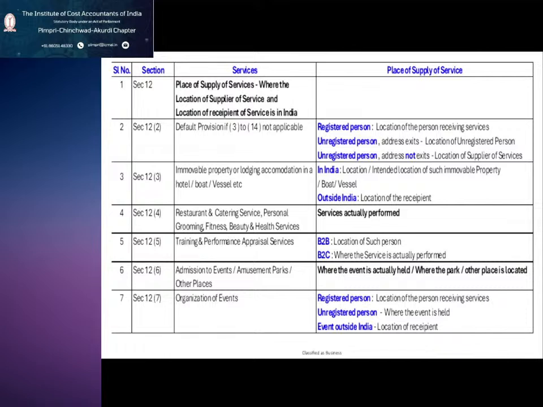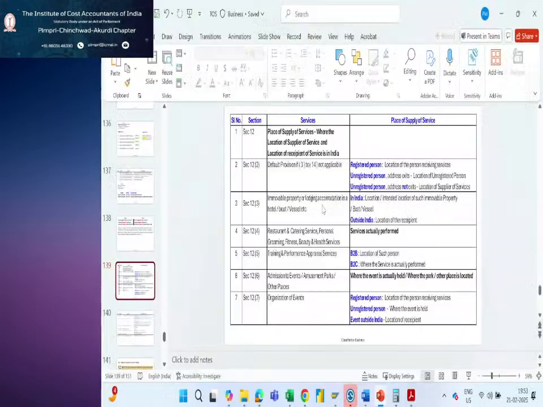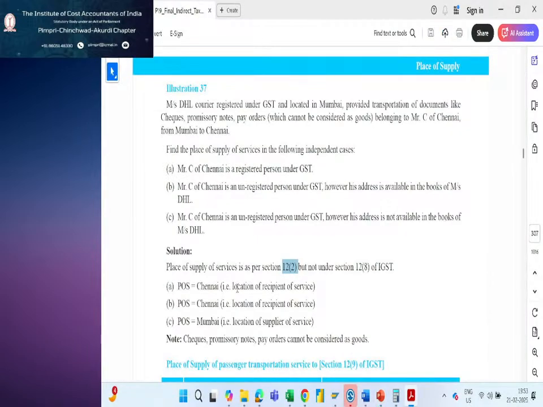If he is an unregistered person, then we should see two things: whether his address exists or whether his address does not exist. So the location of the unregistered person and the location of the supplier of services. In this question, it is the same.